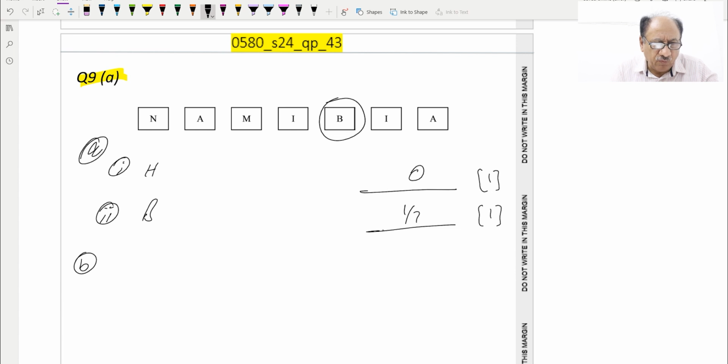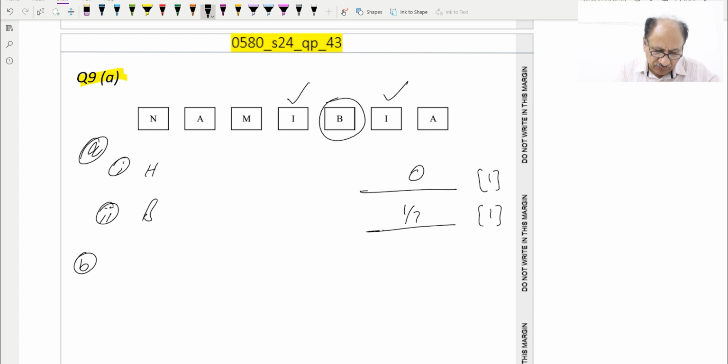Fumika picks one of the 7 cards at random. She replaces it and picks a second card at random. Find the probability that both cards show the letter L. So L, it's not L, it's I basically. So I is this one and this one. So there are 2 cards.